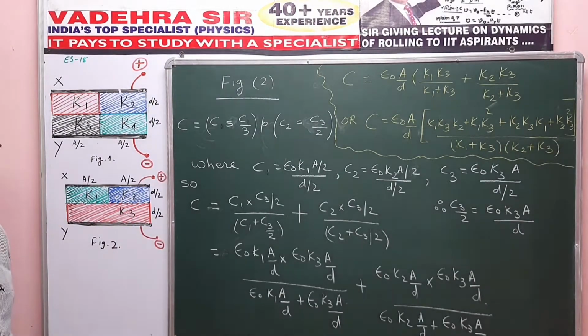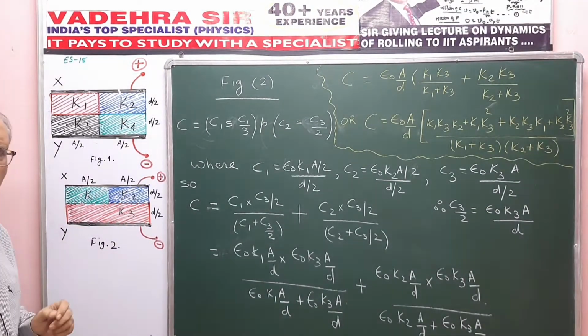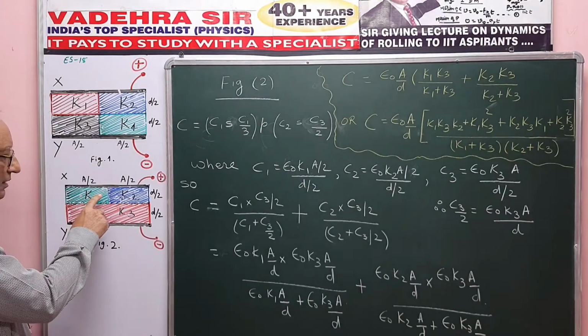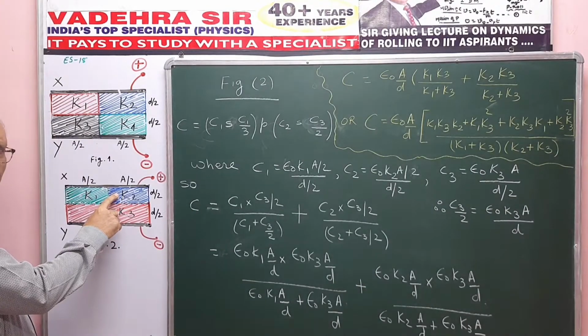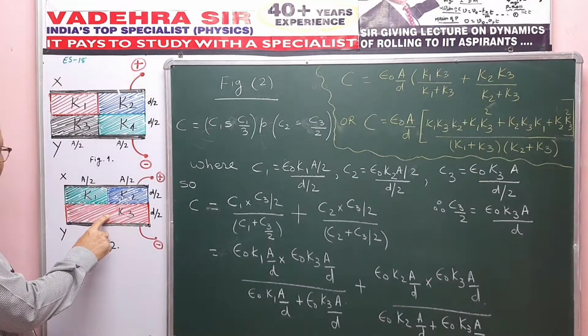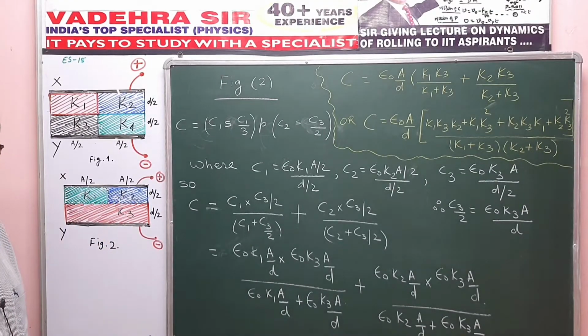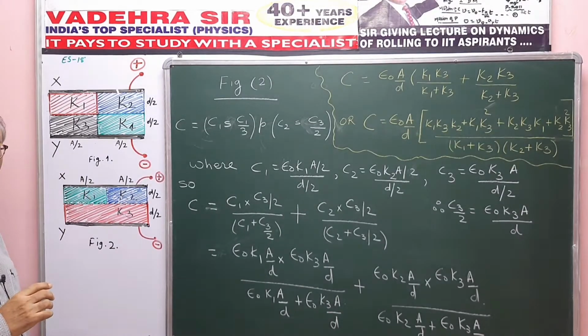Now once again, generally what many people have done is they have taken C1 parallel to C2 series with C3. No, that is wrong again, because C1 and C2 cannot be taken in parallel since the PD across them is not the same.